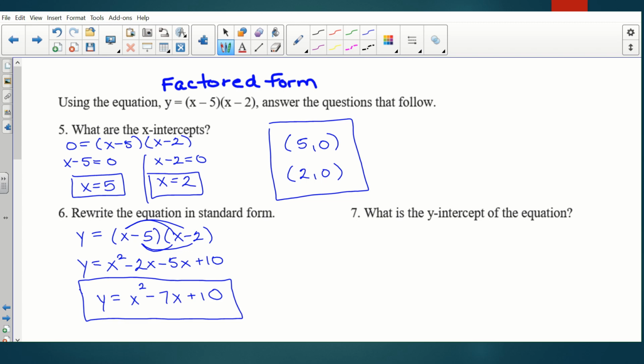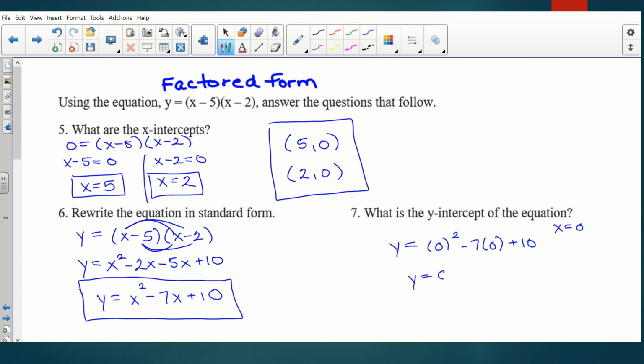All right, what is the y-intercept in this equation? In order to get the y-intercept, we're going to set x equal to 0 and solve for y. You can do that in either factored form or standard form. Either one is fine. I'm going to use standard form because it's probably going to be a little bit quicker here. If you use factored form, we would still come up with the exact same value for the y-intercept.